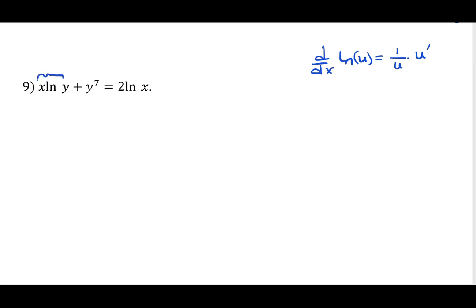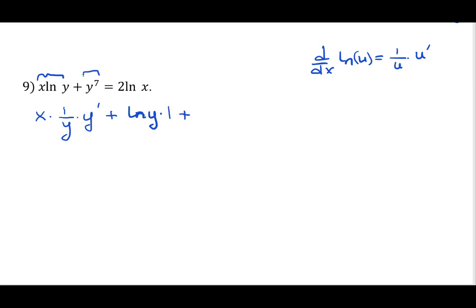Let's begin by taking the derivative of the first term, which is x times ln y, by using the product rule. So we're going to have x times the derivative of ln y, which is 1 over y times y prime, plus the second quantity, which is ln y, times the derivative of x, which is 1, plus the next term is y to the 7.